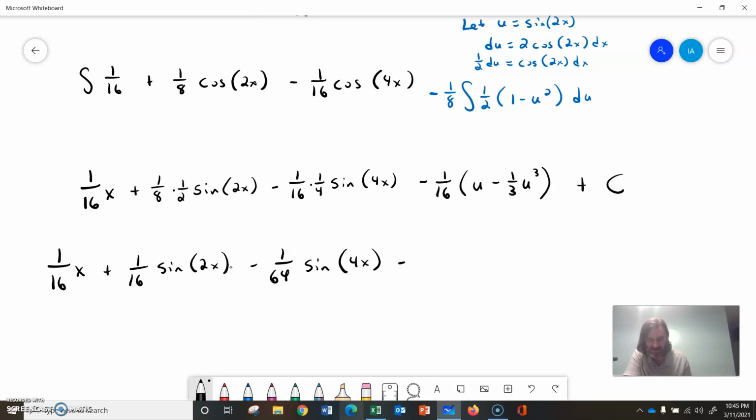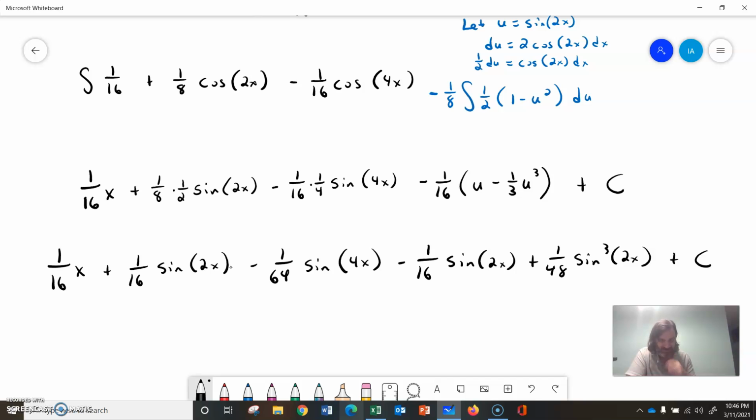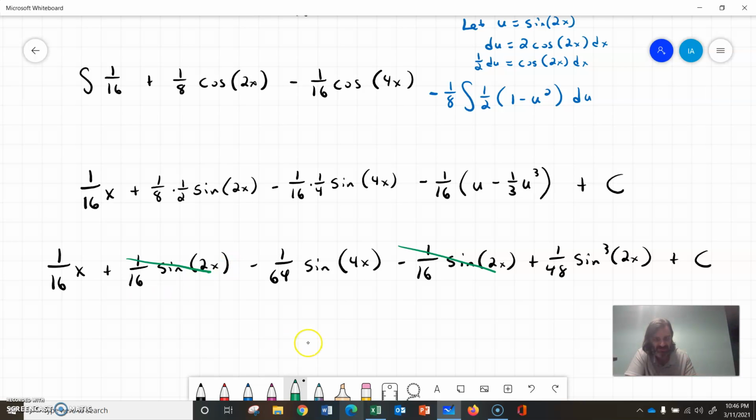Then I'll have minus 1/16 and u was sine of 2x. That's interesting. Then I'll have plus 1/48 sine cubed of 2x plus c. So somehow in the midst of this, it looks like something cancels out. The 1/16 sine of 2x minus the 1/16 sine of 2x.